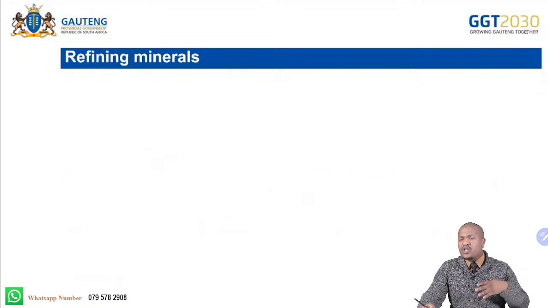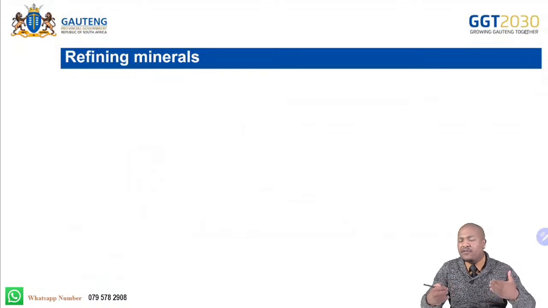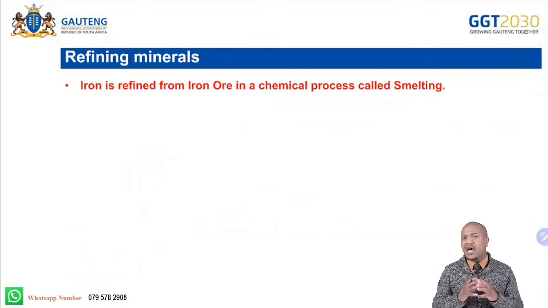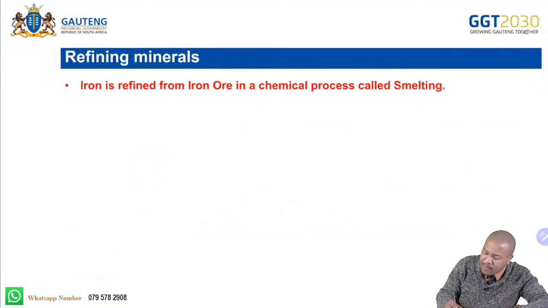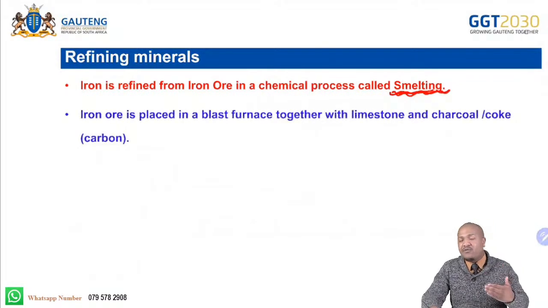Right, so now we're talking about some of the chemical and physical methods of refining these minerals. So now, we're talking about iron being removed from iron ore. Are we together? So iron is refined from iron ore in a chemical process called smelting, where a machine called a blast furnace is used together with limestone and charcoal or coke or carbon.